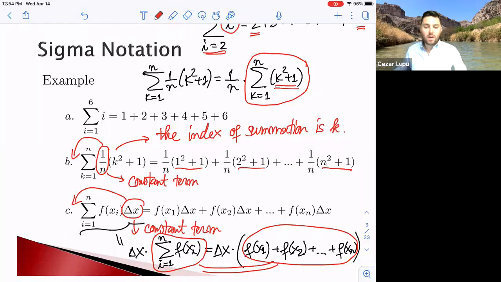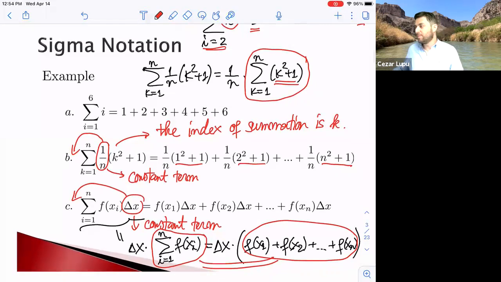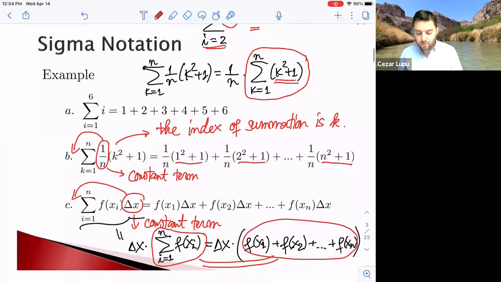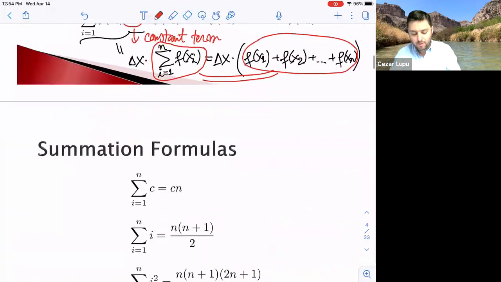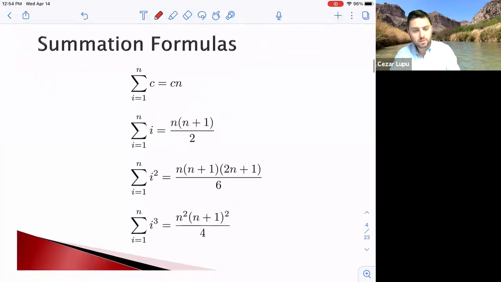All right, now we'll do some more experiments, so don't worry about it. Let's see some summation formulas. Unfortunately, another thing that I hate is to tell you to memorize these sums, but anyway. These are the summation formulas that I would like to discuss with you. They can be proven.